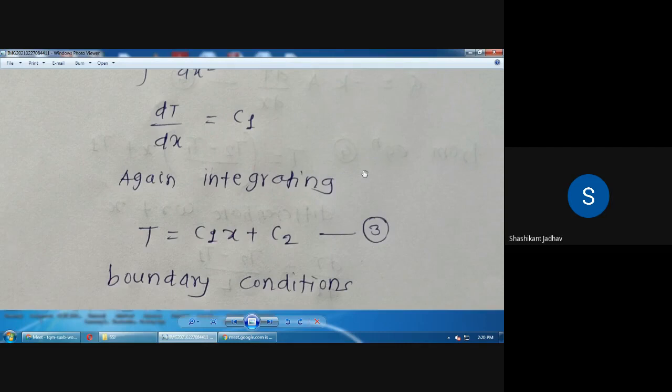What is the temperature value if x is equal to L? T2. Okay. So x is equal to 0 means T is equal to T1. This is the first boundary condition. And x is nothing but thickness along the x direction. If x is 0, where are you? At the first surface.